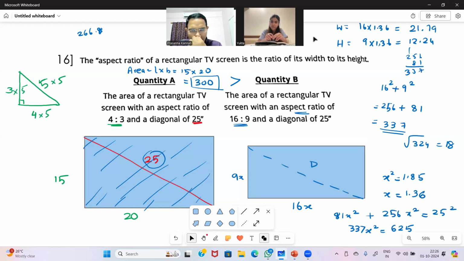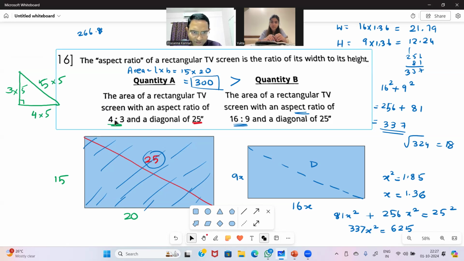So of all the rectangles which have the same length of the diagonal, the largest area would be for the square. Which means if it's a square, what is the aspect ratio? 1:1. That has the maximum area, correct? So whichever aspect ratio is closer to 1, that is going to have the maximum area.